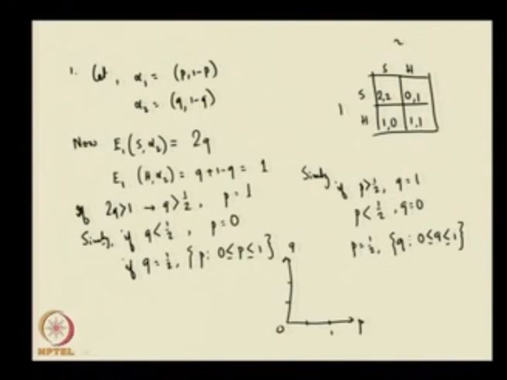So, let us say this is 1 and this is 1, this is half, this is half. If q is greater than half, p is equal to 1, and then it can take any value, and then we are here. And if p is greater than half, q is equal to 1, then we have this downward stretch and this. So, there are 3 Nash equilibria, and the probabilities attached to p and q are the following: 0, 0; half, half; 1, 1.